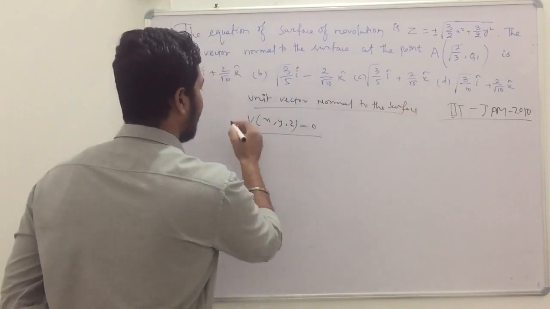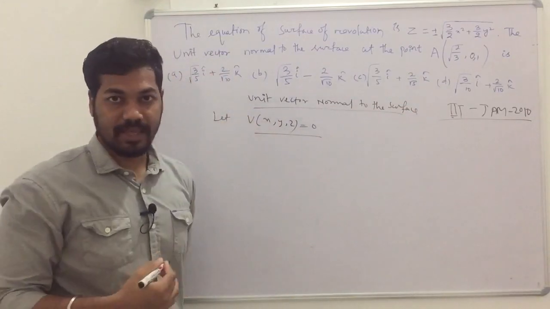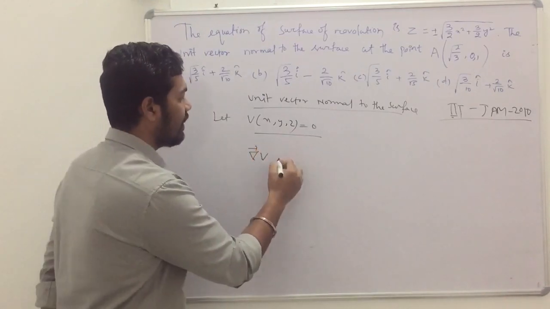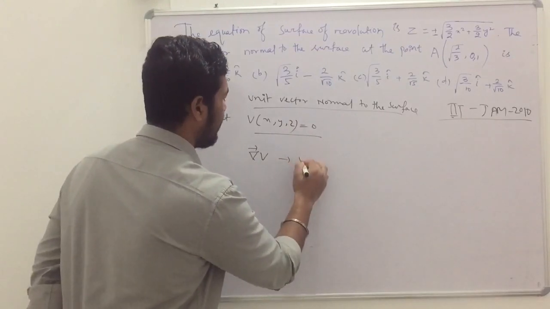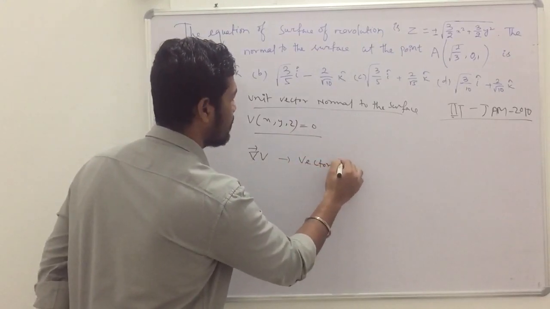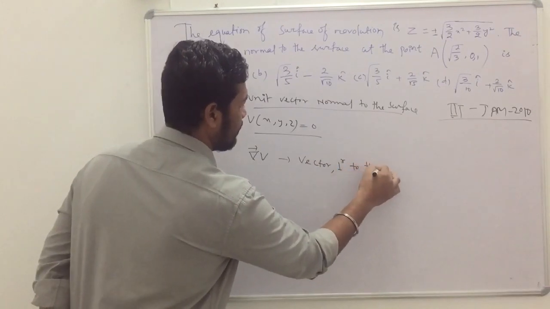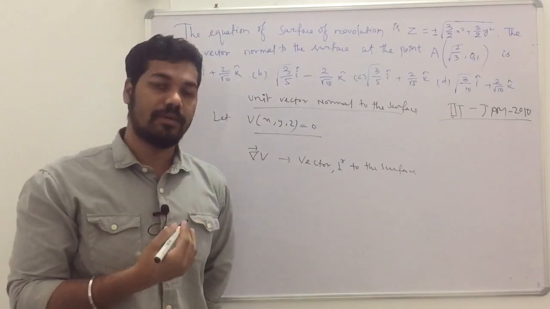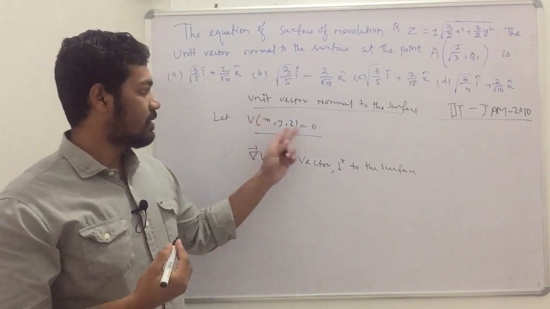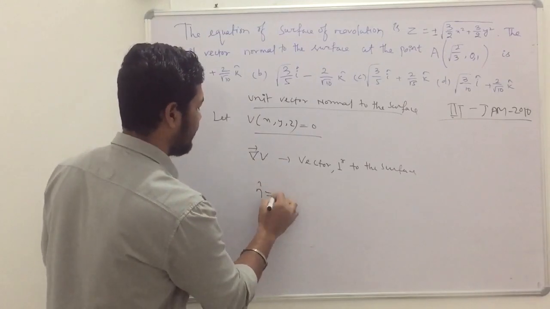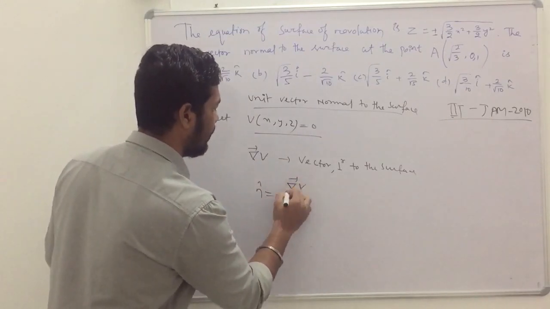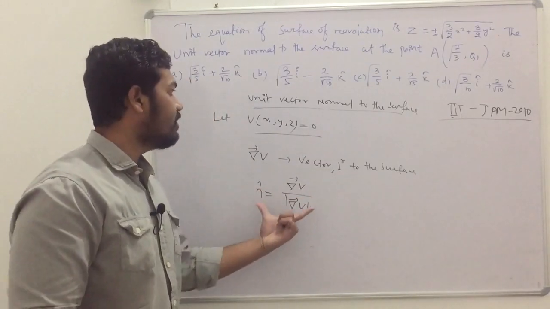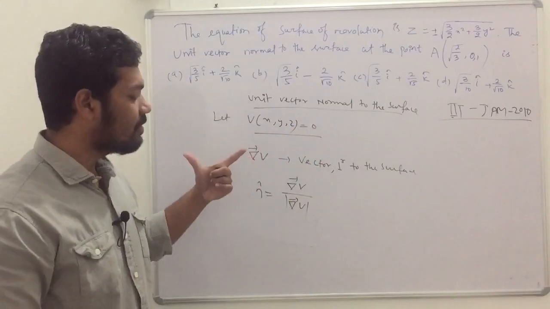Gradient of v will represent the vector which is perpendicular to the surface, and to get the unit vector which is normal to the surface, you just have to find n cap, which is grad v upon modulus of grad v. So this will represent the unit vector which is normal to a surface.